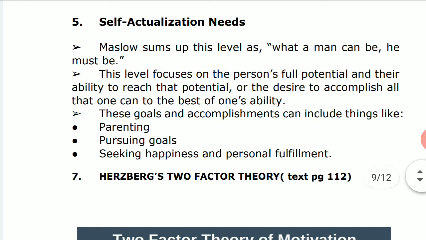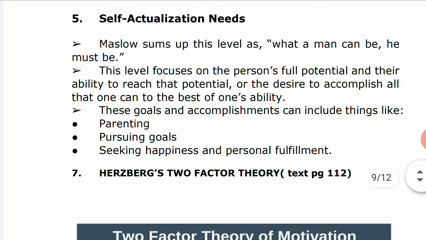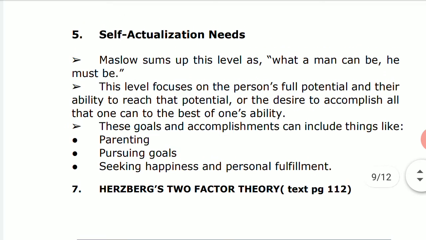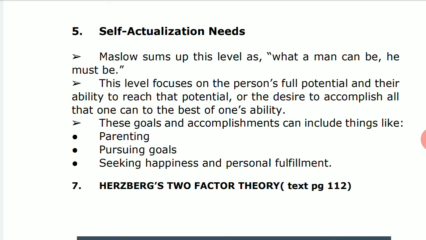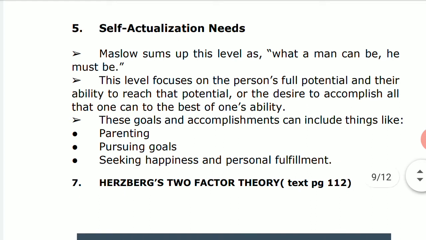These are all things he wants from his own mind, what a man can be and he must be. So whatever he is seeking, he must get those needs. Once he gets these, no other type of need is going to motivate him. He is a self-motivated person, and after reaching here, no further needs can work as temptation.